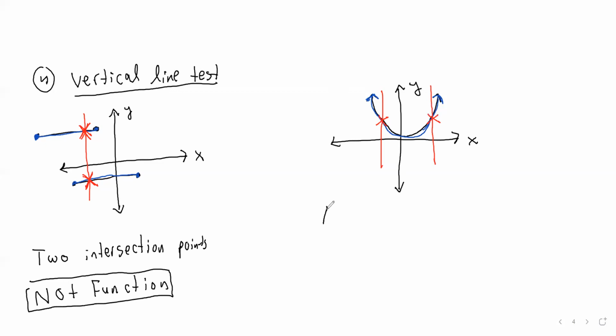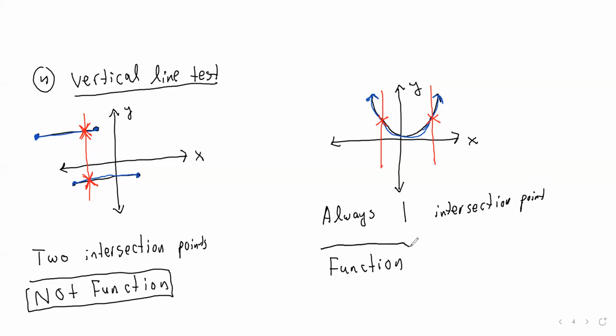So there's always only one intersection point. So the vertical line test says if you draw a vertical line and there's either 0 or 1 intersection point all the time, then this is a function. So this is a function. It passes the vertical line test because I cannot find a line that intersects the graph more than one time.